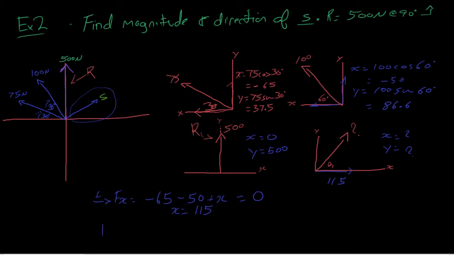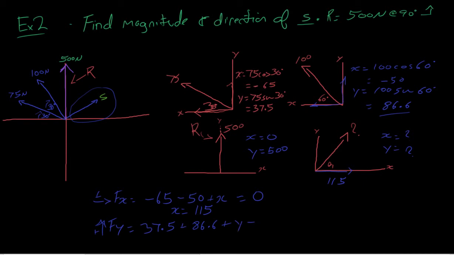So let's do the y forces here. Y is equal to, we'll take the first one, which is 37.5, plus the second one was 86.6, and that's coming from here, plus, well, this is unknown, right? We don't know.